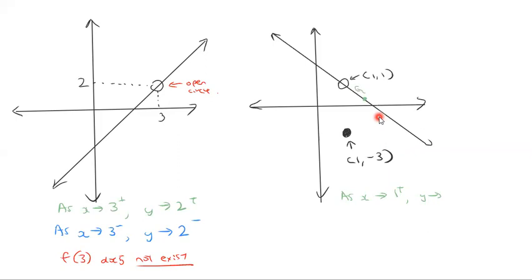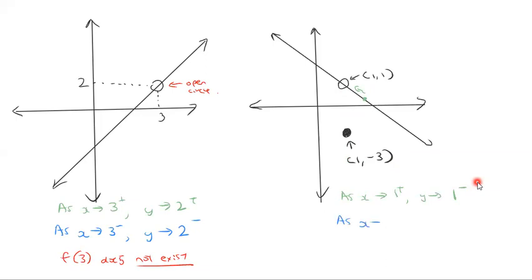So 1 negative, because you're getting closer and closer to that. Again, we don't care about what the value is at 1, which is -3. We don't care about the value itself. We care about what we get close to. Just before 1, as long as you're not at 1, you're getting very, very close to 1, but on the negative side.